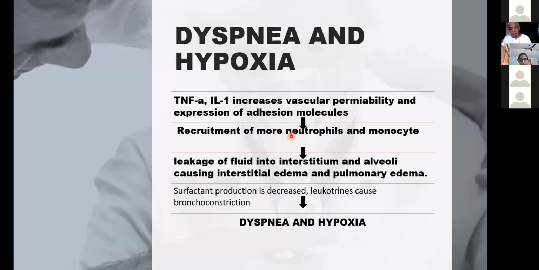Now that leads to increased recruitment of neutrophils and monocytes. All of this leads to leakage of fluid into the interstitium and alveoli, which causes interstitial and pulmonary edema. That is the first reason.